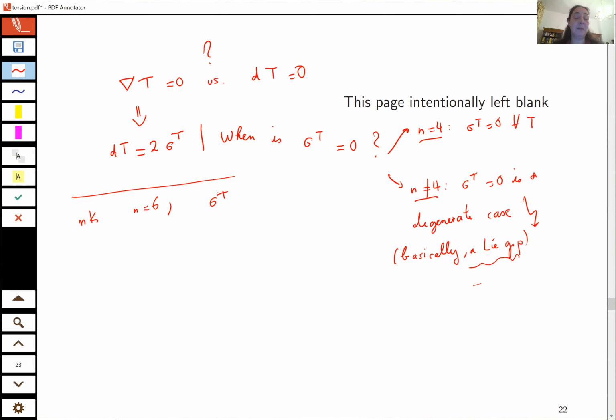My manifold has dimension 6. So if I dualize my 4-form via the Hodge operator, I take the Hodge dual of sigma T, this is a 2-form. You can ask yourself, what 2-form do you get? Well, actually, you get the Kähler form. And the Kähler form, as we know, is really a non-degenerate 2-form.